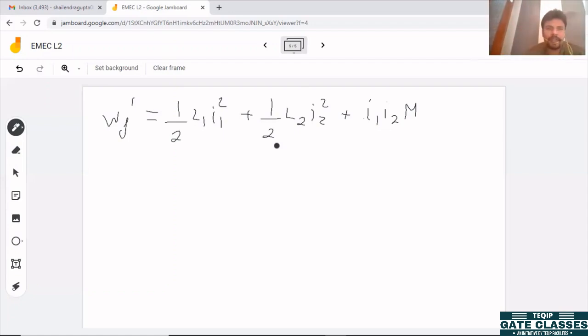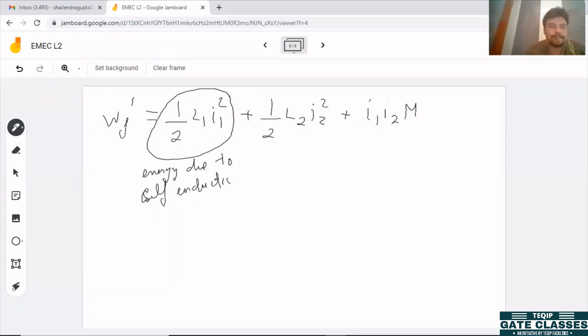So this you can associate with the energy due to the self inductance of coil L1.